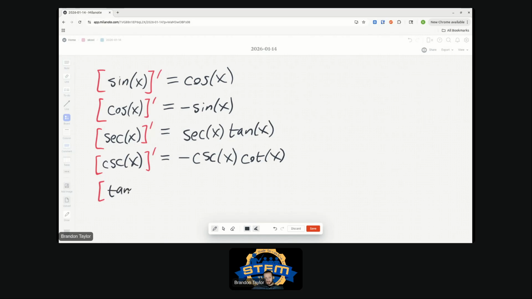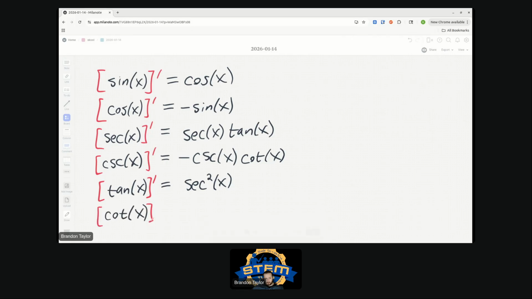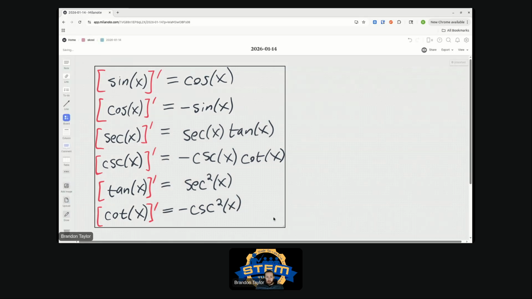The derivative of tangent is equal to secant squared. And the derivative of cotangent of x will be negative cosecant squared. So hopefully that makes sense.